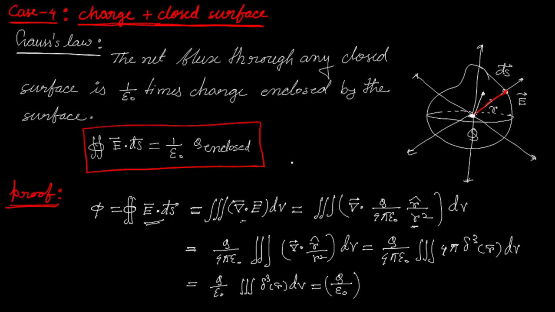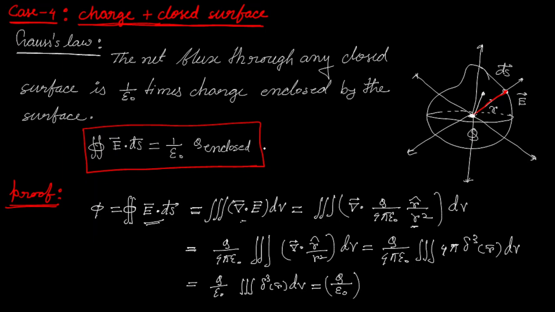So if we have a closed surface and a certain charge distribution, and we want to calculate the flux, we only have to calculate the charge enclosed by the surface. If we know the enclosed charge, then the flux through the closed surface is Q divided by epsilon naught. If there is no charge inside the surface, then the enclosed charge will be 0, so the flux will also be 0.